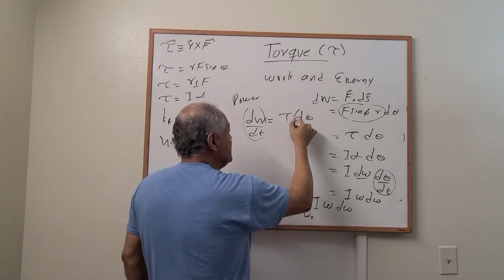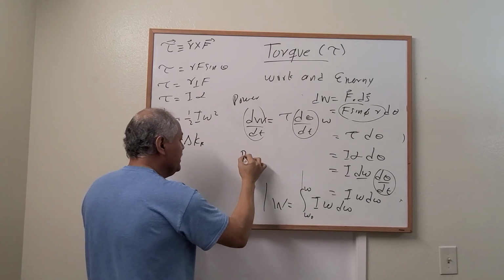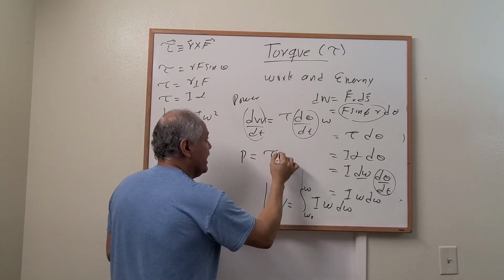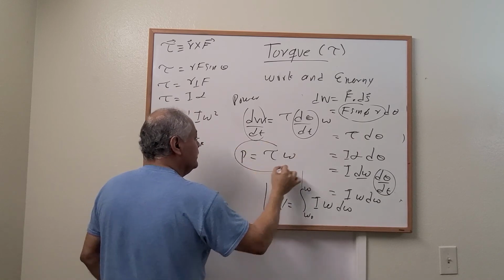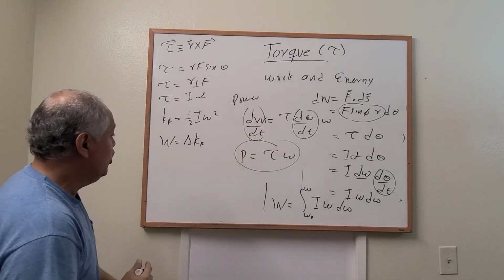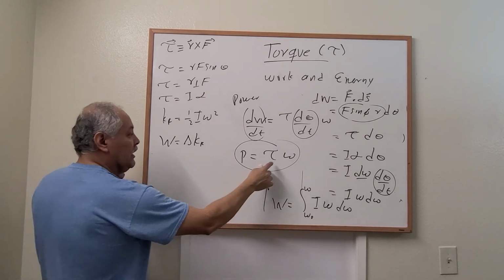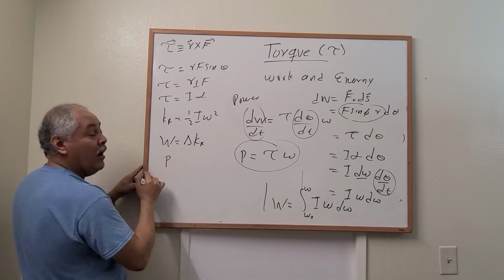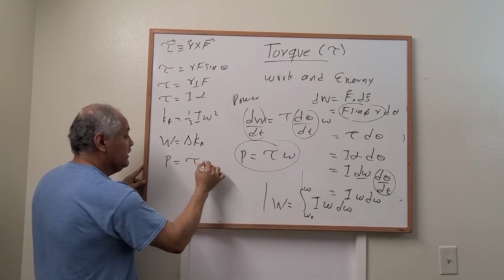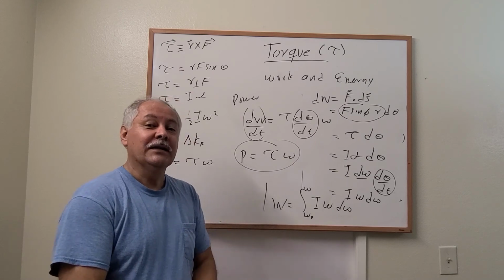Again, one more time, this is omega. Perfect. So power then equals the torque times omega. So we have another quantity that helps us work with rotation using torque: power equals torque times omega, the angular velocity.